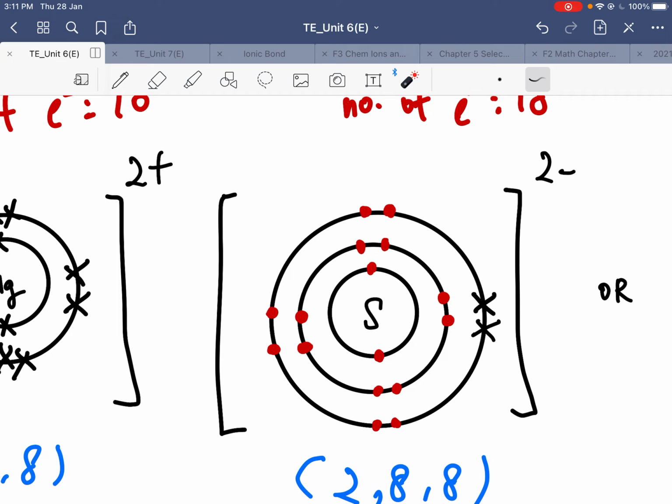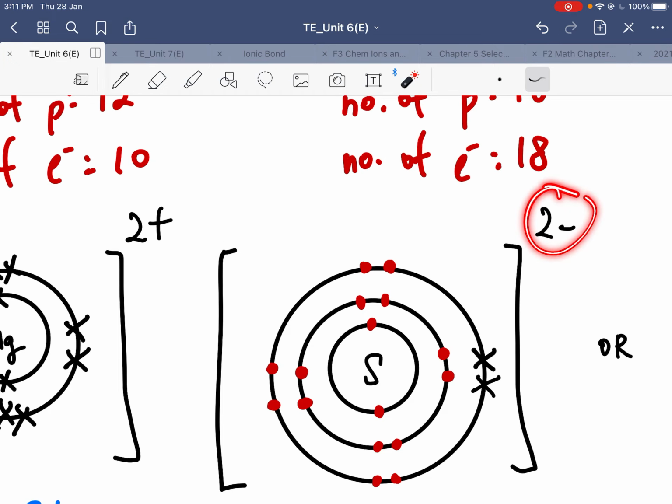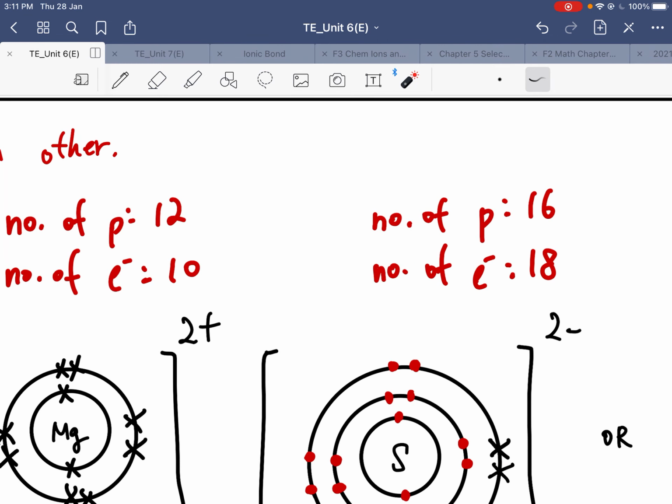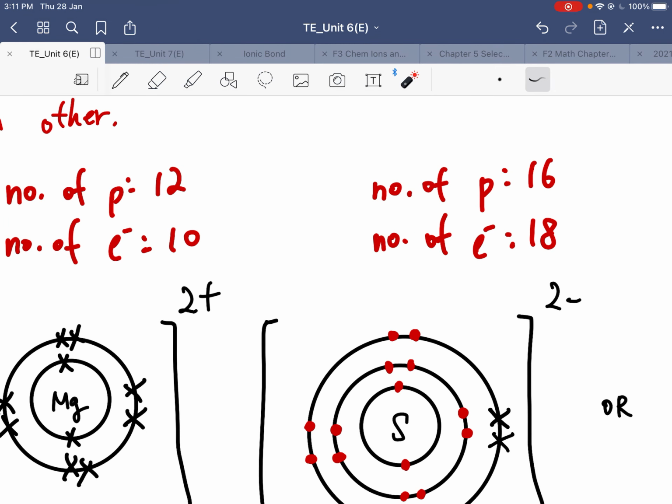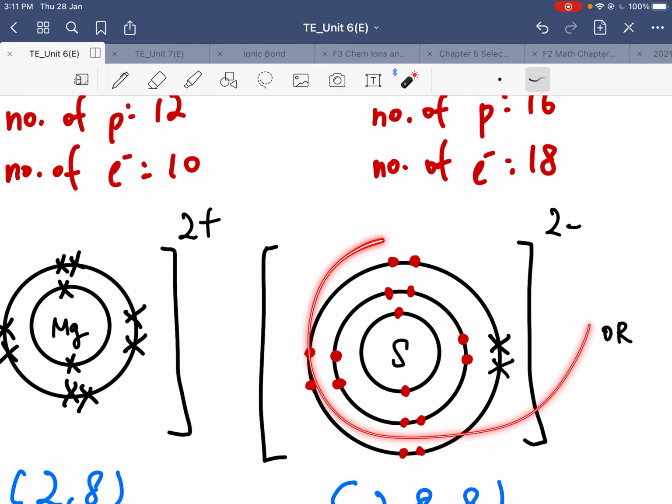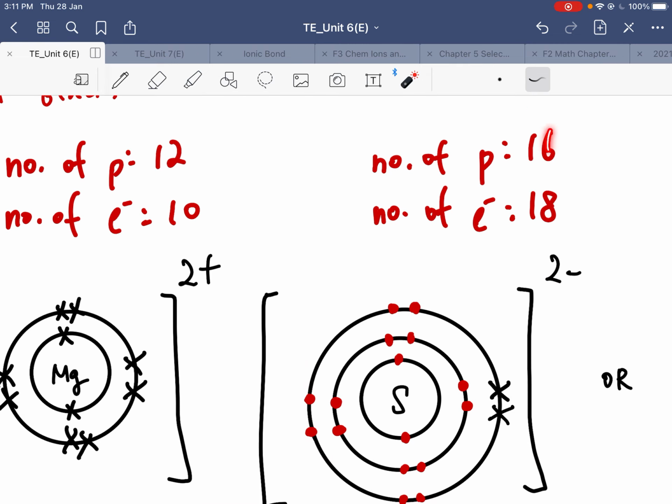It is the sulfide ion, with a charge of 2 minus. Why 2 minus? Because the number of protons does not change, still 16, but you receive 2 more electrons, so the number of electrons is now 18. You have 16 positive and 18 negative, so the overall charge is 2 minus.